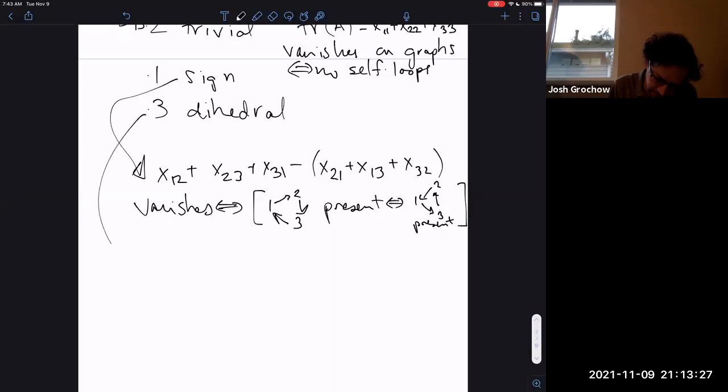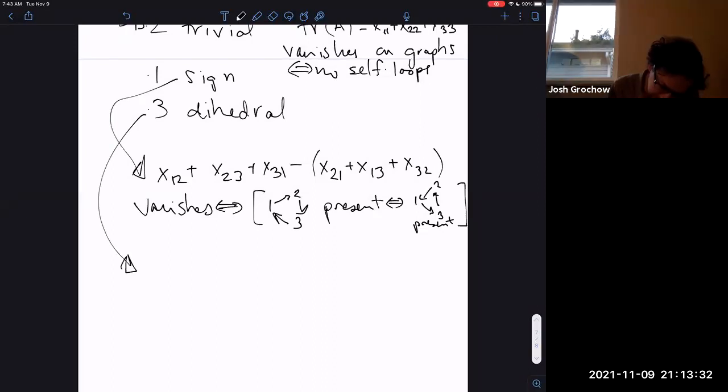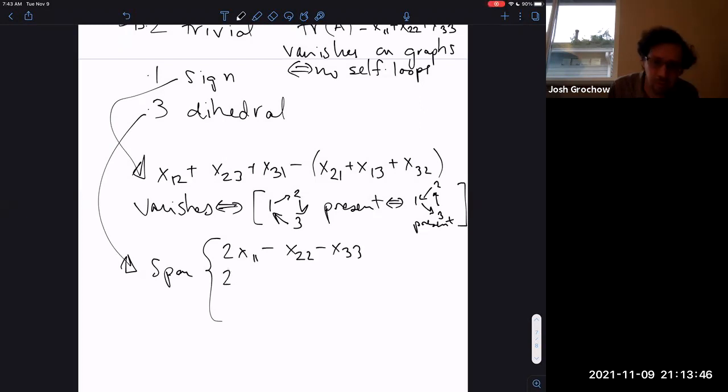One of these dihedral ones is the span of the following three things: 2x11 minus x22 minus x33, and all three permutations of this. It had to have all three permutations because it's closed under the action of G.